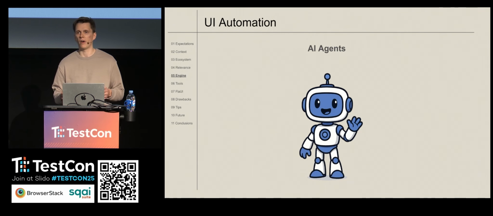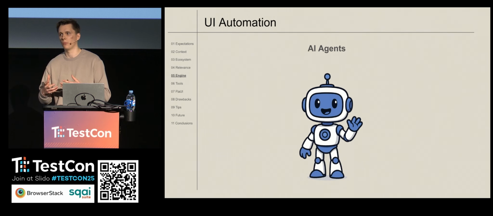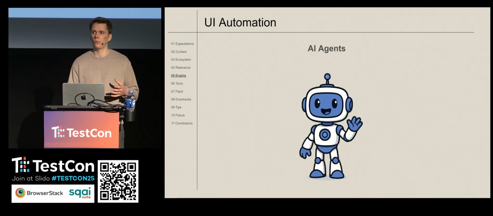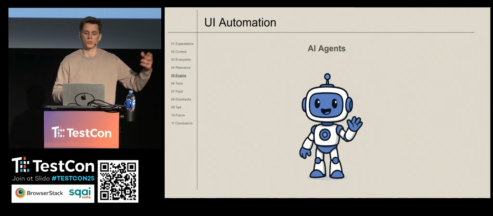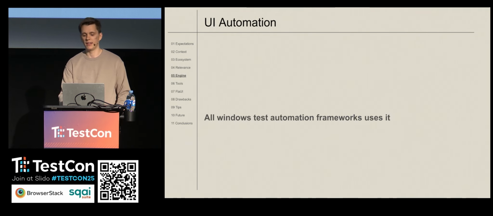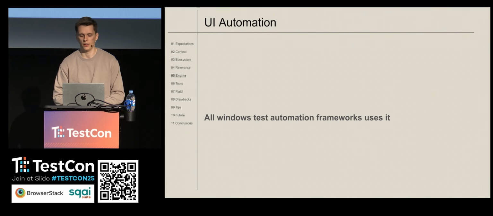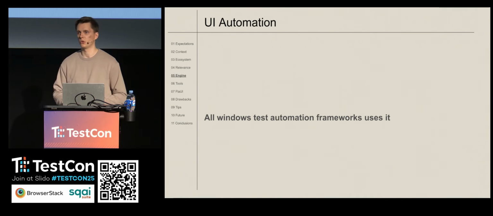You can either provide what you see on the screen, and it analyzes the image and then tries to perform the action, or you can provide the UI tree and then it can analyze it and perform some actions. And that's where the UI Automation engine kicks in. Then the last use case is obviously test automation. And actually, almost all test automation frameworks use it under the hood. What differs is how it's being used.